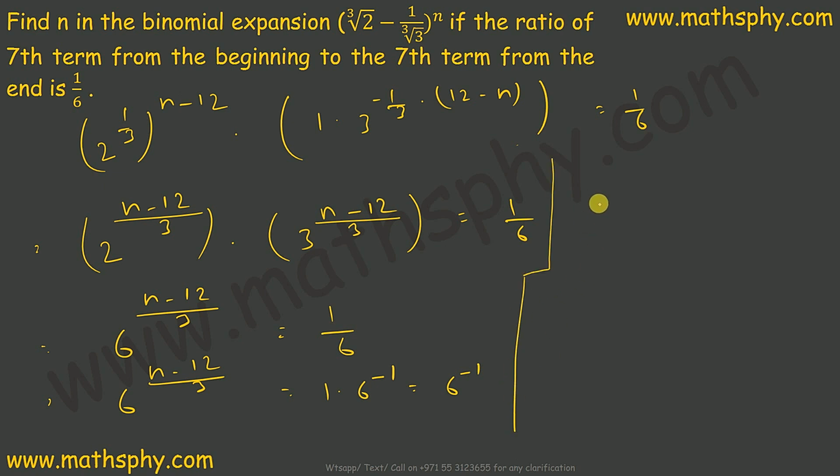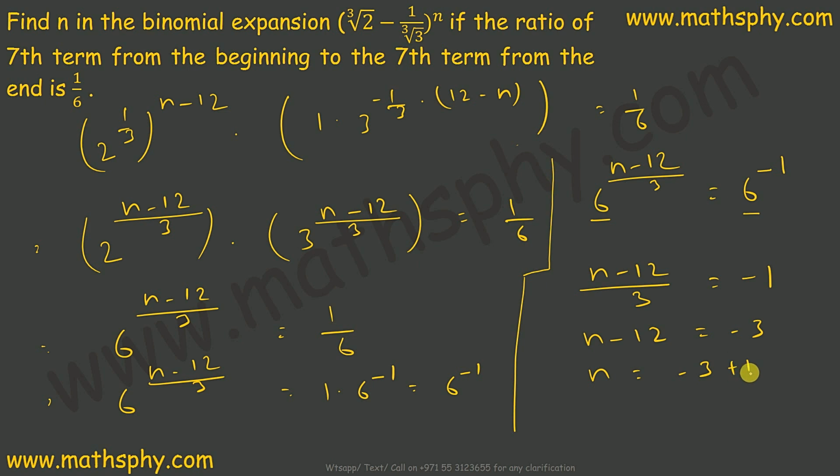Now 6 raised to (n minus 12) over 3 equals 6 raised to negative 1. Bases are the same, so (n minus 12) over 3 is equal to negative 1, which can be solved as n minus 12 equals negative 3. n equals negative 3 plus 12, n equals 9. It means the power in this expansion would be 9. Alright.